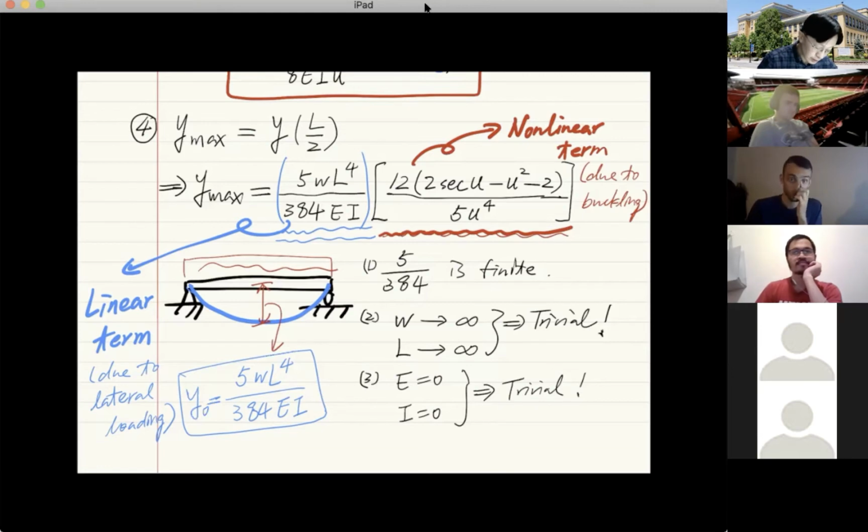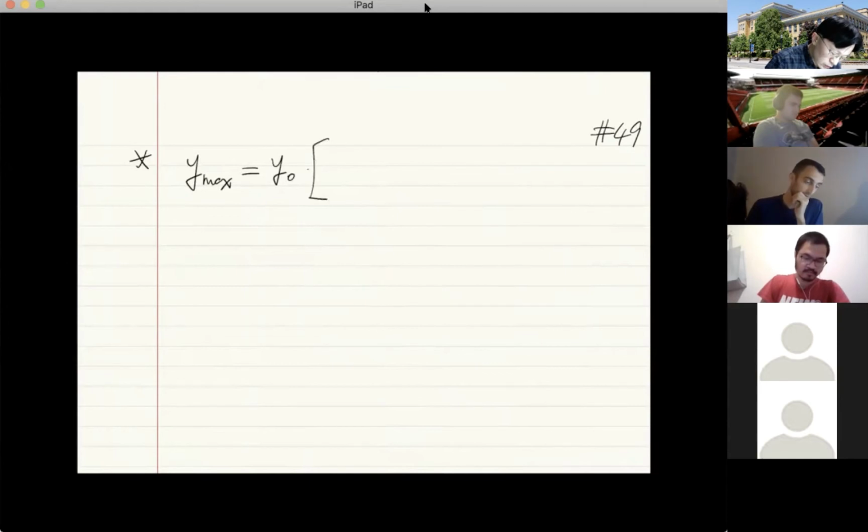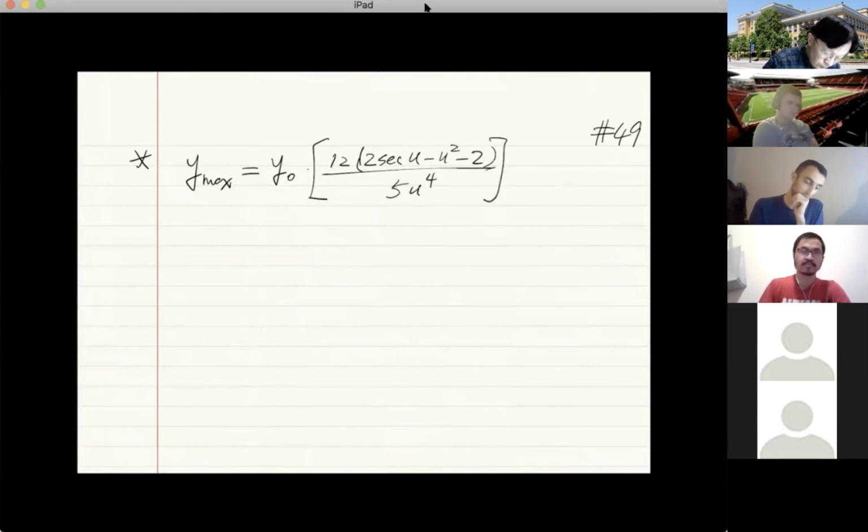So we can say that Y max equals Y naught times this whole thing, which is 12 times 2 times sec u minus u squared minus 2 over 5 over u quadruple, like this.